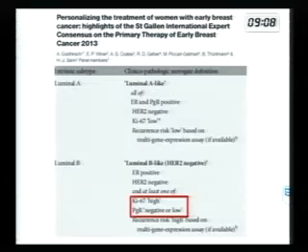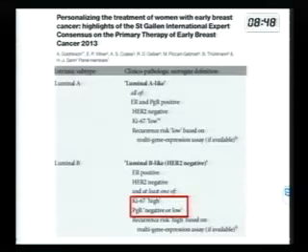In 2013, again, the St. Gallen consensus was asked to try and find an immunohistochemical definition of luminal A and luminal B, trying to overcome the problems with the original definition of luminal A and B based on the 14% cutoff for Ki67.